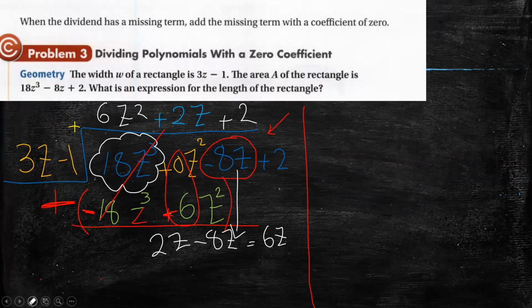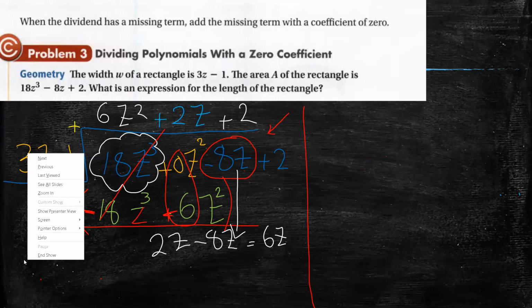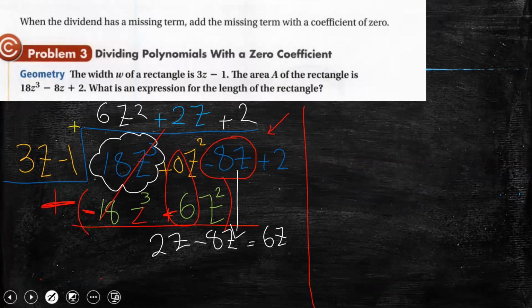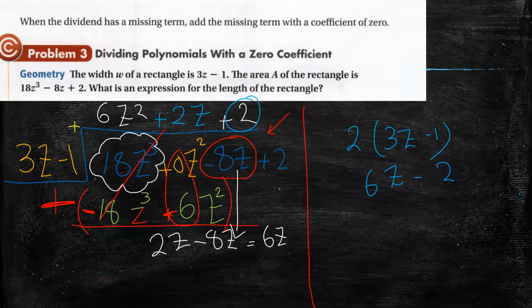What did you have? Teacher, we have a 0 coefficient. I mean a constant. It's a constant, so it will be the remainder. Multiply 2 times 3z minus 1, which is 6z minus 2. So after we wrote this one here, we have 6z minus 2.